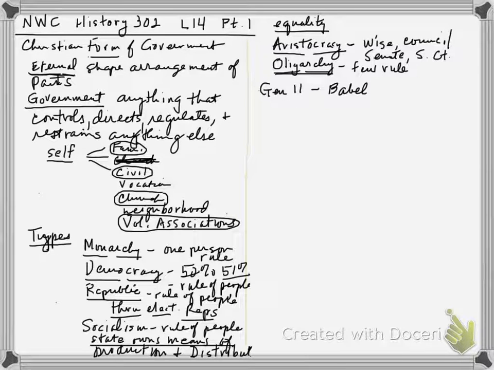And so we see that God's purpose is that they be scattered over the earth, not centralizing, and that they have many languages. We see God's great love of individuality and different cultures. He's causing it. He disperses these people. So Genesis 11 is a key passage in understanding, I think very clearly, that God is not for one world government. He's not for one government, one language, one culture.